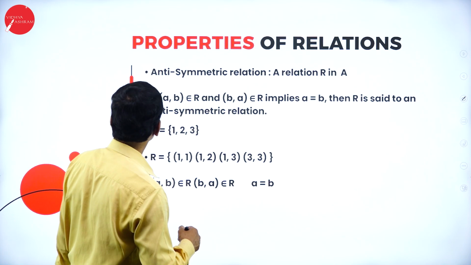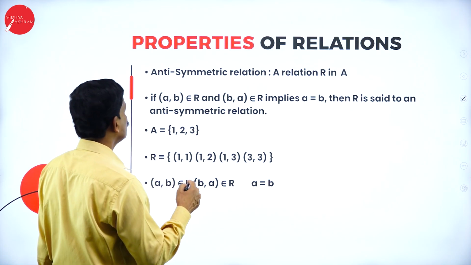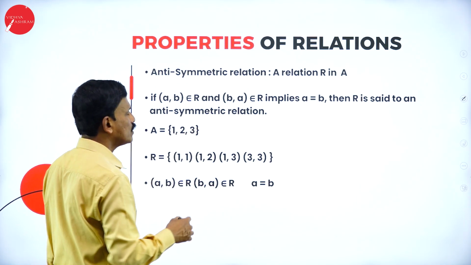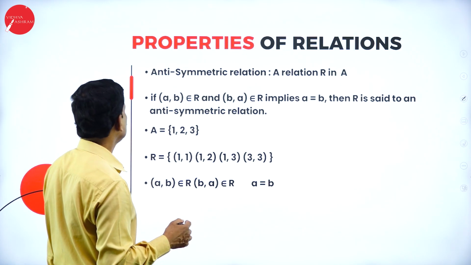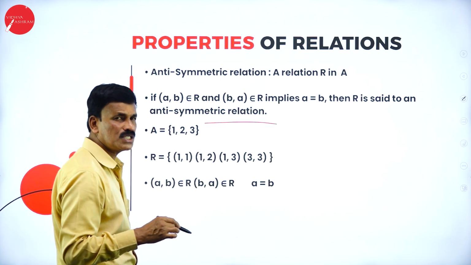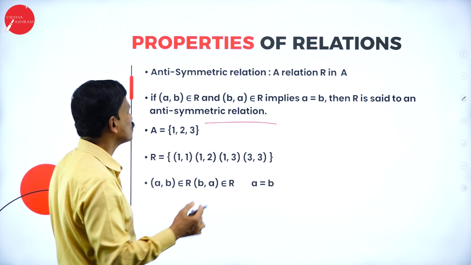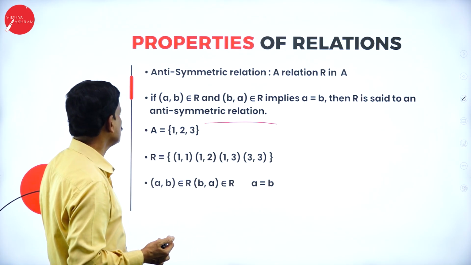Now let us come to the anti-symmetric relation. A relation R in A is said to be anti-symmetric if (a, b) belongs to R and (b, a) belongs to R implies a = b. Then that relation is called an anti-symmetric relation.